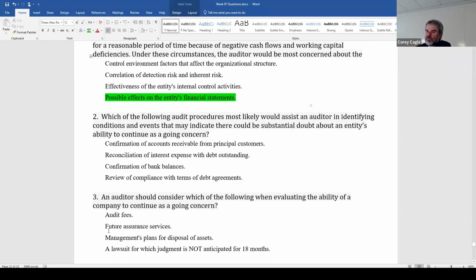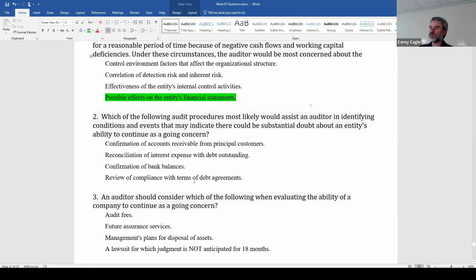Number 2, which of the following audit procedures most likely would assist us in identifying things that might indicate there's substantial doubt about their ability to go as a concern? All right, so I think everybody would find this easy to answer. Confirming receivables? No. Reconciling interest expense with debt? Absolutely not. Confirming bank balances?